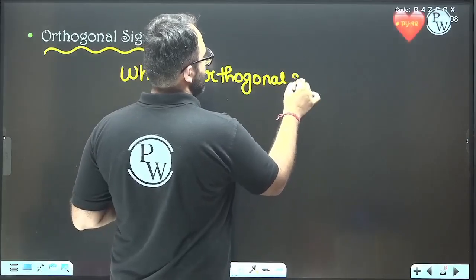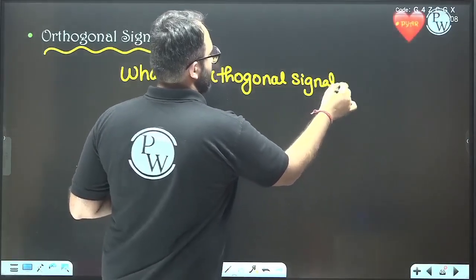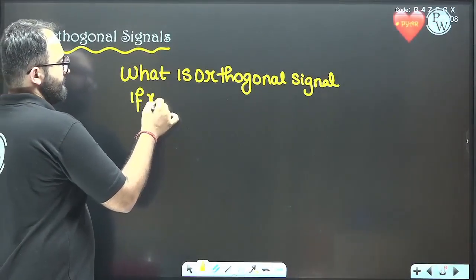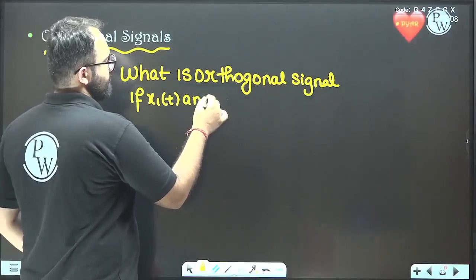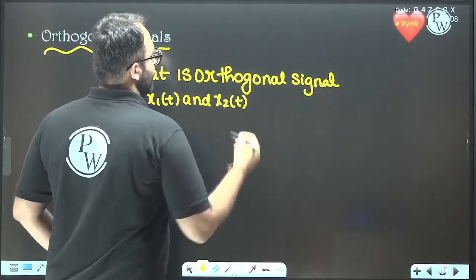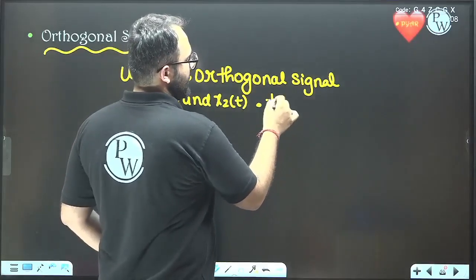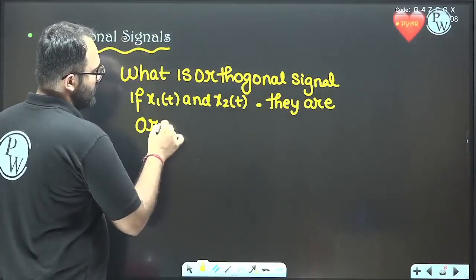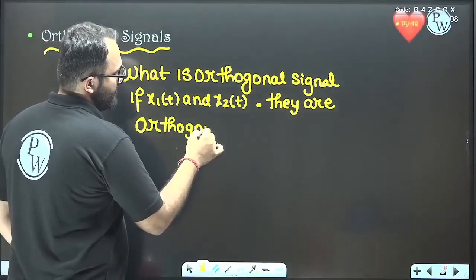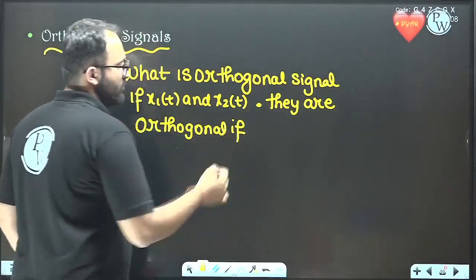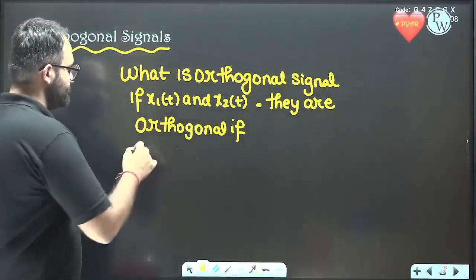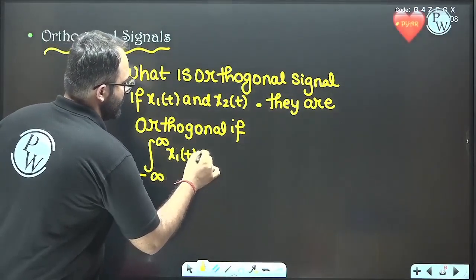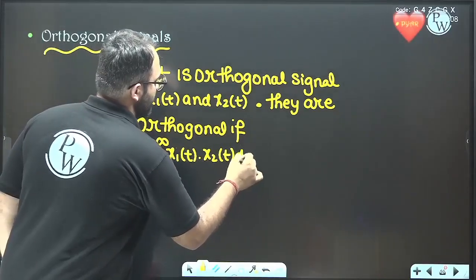What are orthogonal signals? If we have two signals x1(t) and x2(t), they are orthogonal if the integral from minus infinity to infinity of x1(t) multiplied by x2(t) dt is equal to 0.